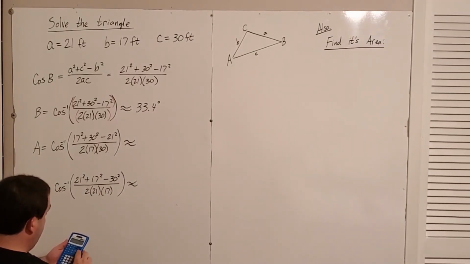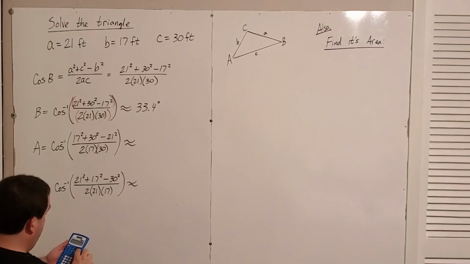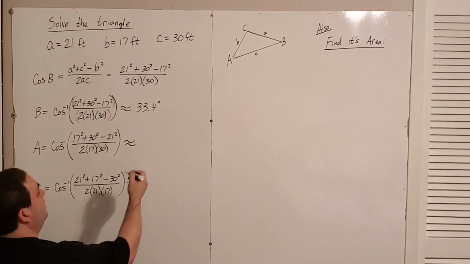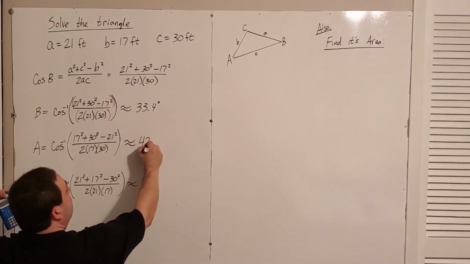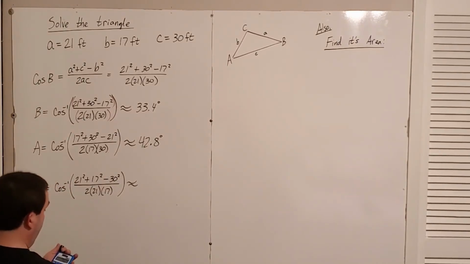So I just hit up on my calculator here. I've got 17, 30, minus 21. And then my denominator is 2 times 17 times 30. Okay. So I get 42.833, so 42.8 degrees. And then I do it one more time.